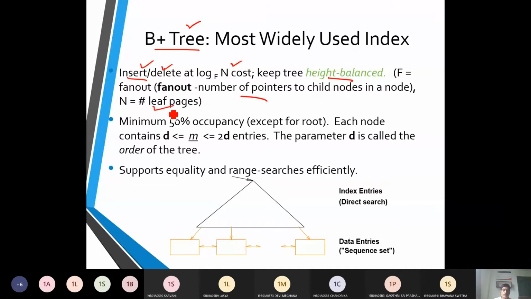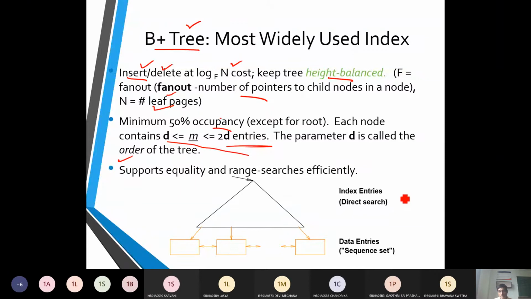That is where the leaf nodes are projected. They are called fan outs. And the occupancy is between D less than or equal to M less than or equal to 2D entries, where D is the order of the tree.